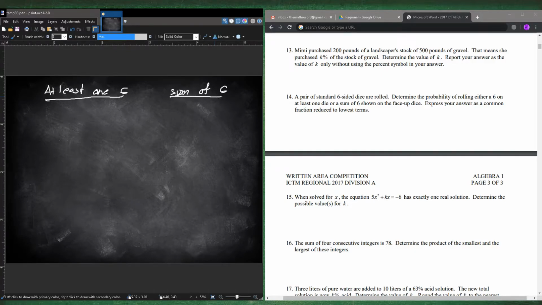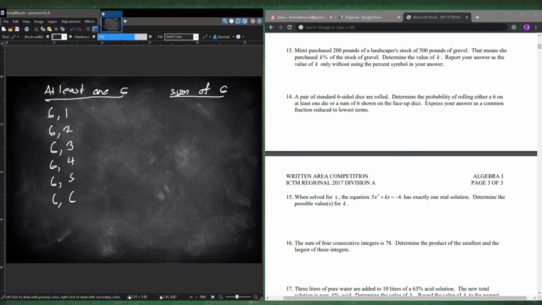Okay, so how many combinations can we make with at least one 6? Well, we have two dice, right?